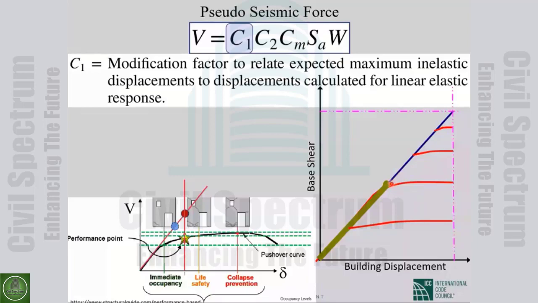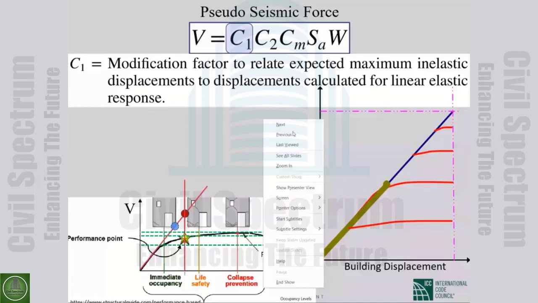The maximum displacement is approximately the same as the elastic buildings. So for buildings with larger periods, the maximum displacement of elastic and inelastic buildings is the same. For the buildings that are stiff, their period is small.